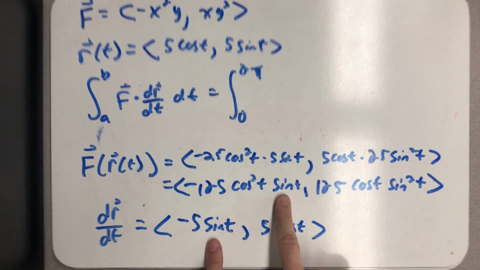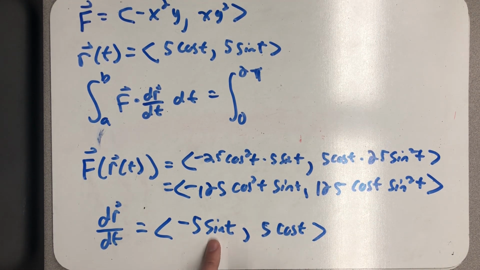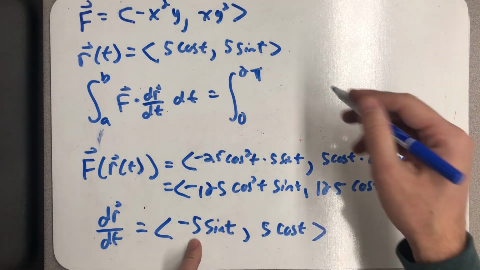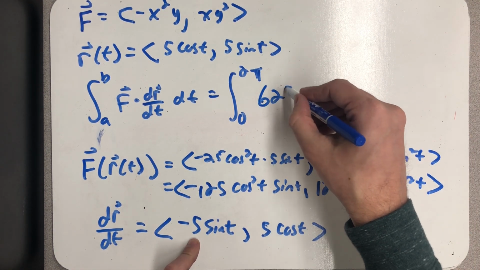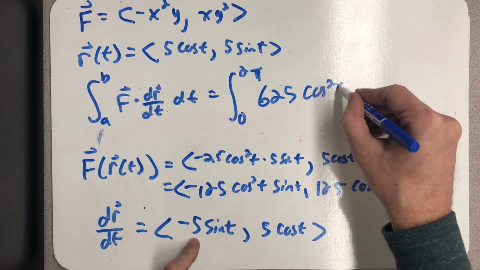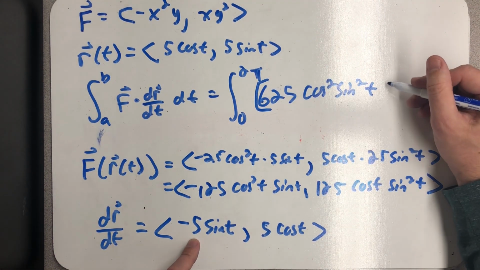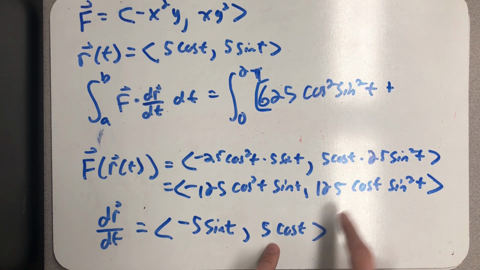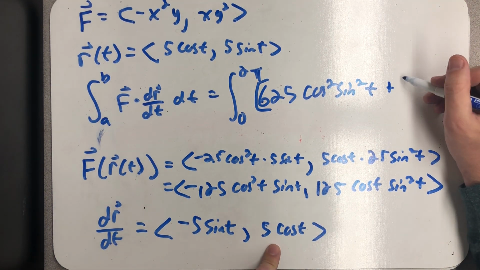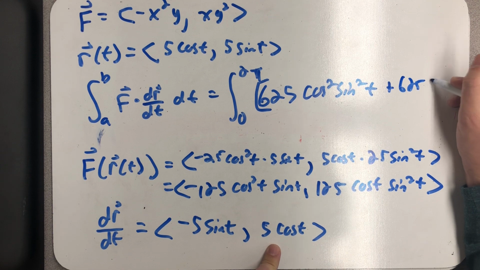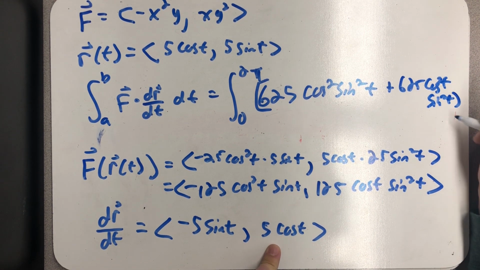My integrand is the dot product of these two things. So that's going to be 625 cosine squared t sine squared t plus 625 cosine squared t sine squared t, all dt.